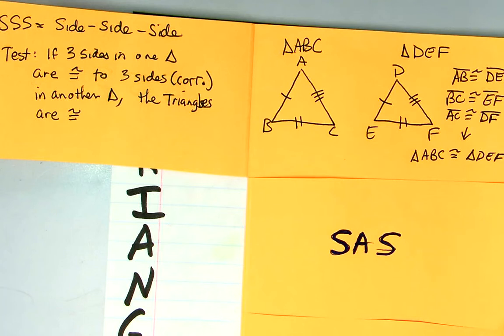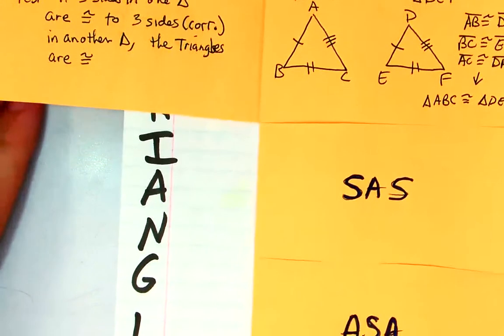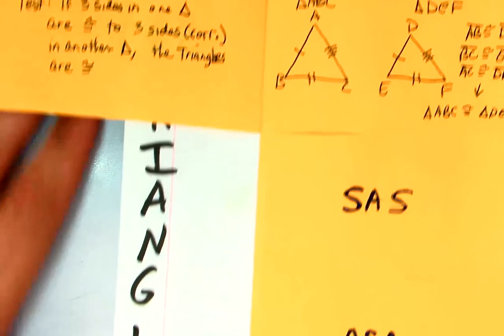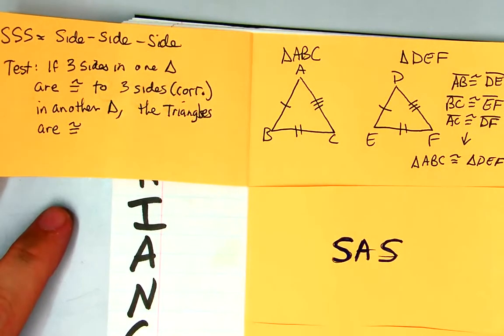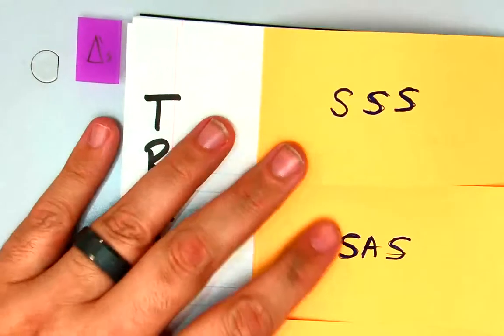If it's side, angle, side, you have a side, then you have an angle, and then you have the side right next door. So it's going to form a certain part of it. So let's take a look at the next one. But first, any questions on side, side, side? Nope. All right, we'll close side, side, side, open up side, angle, side.